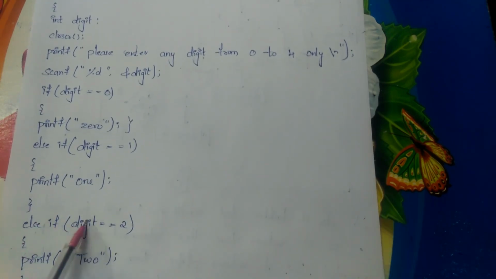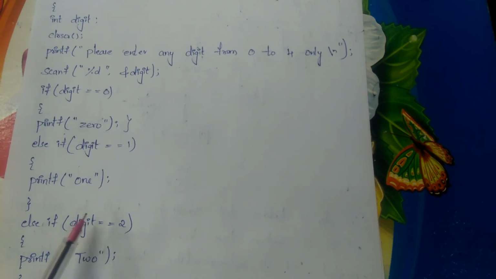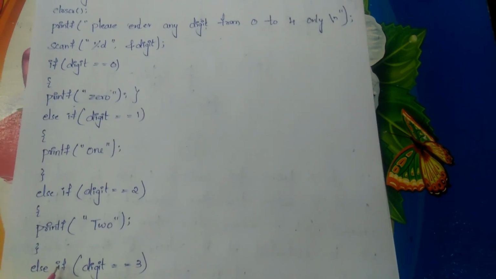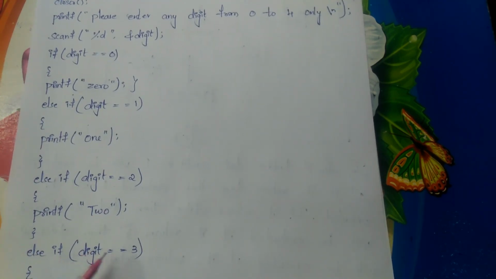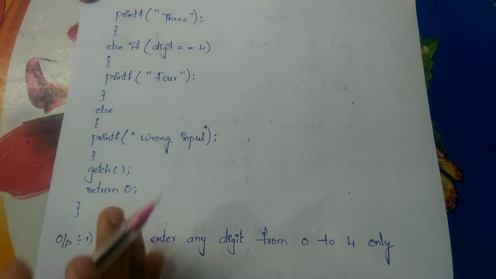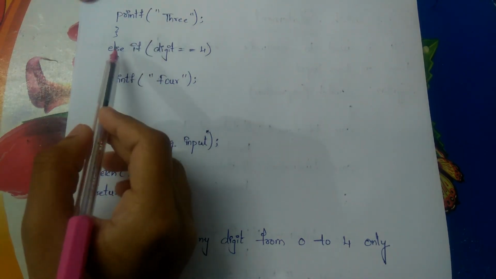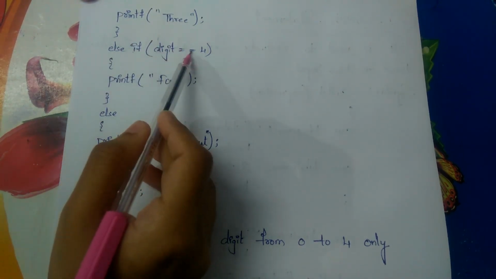So else if the digit is equal to 2, if the user enters 2, if that value is equal to 2, then it prints TWO. Next, else if the digit is equal to 3, then it prints THREE. Now after this, again in else if digit is equal to 4.